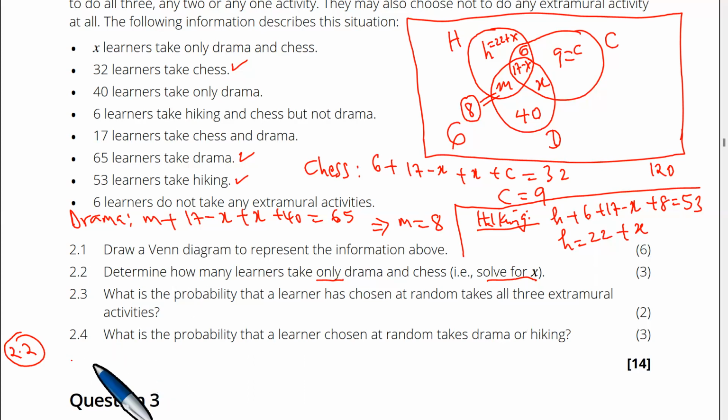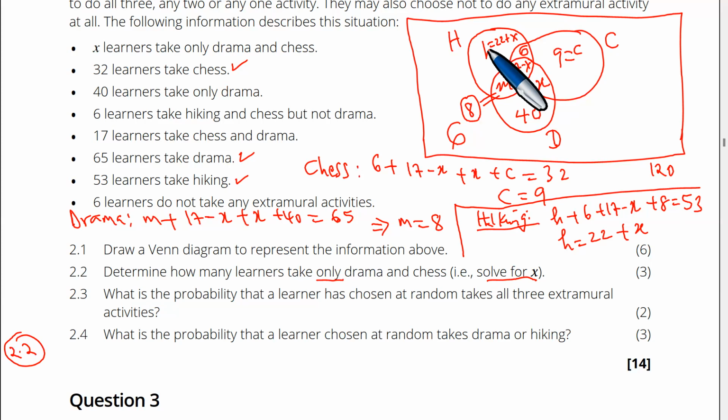So we shall take, we want to find x. So to find x, we need to understand that we are dealing with the two events, chess and drama, but not hiking. So that is what we need.